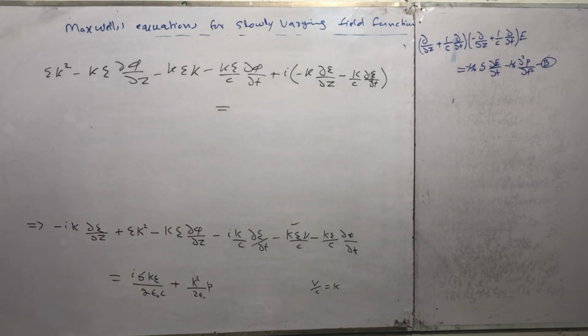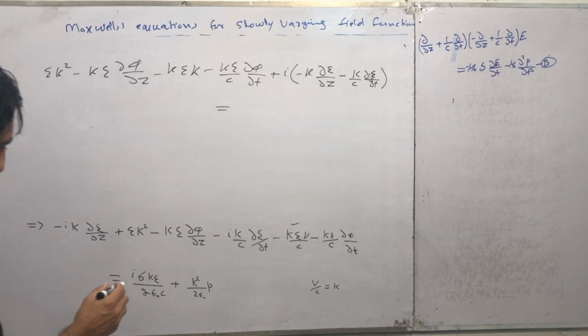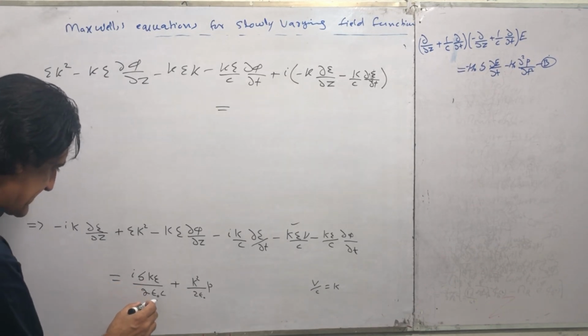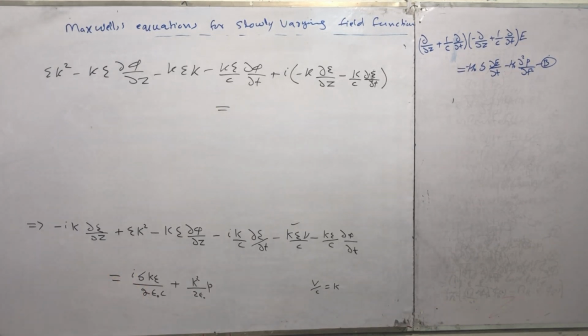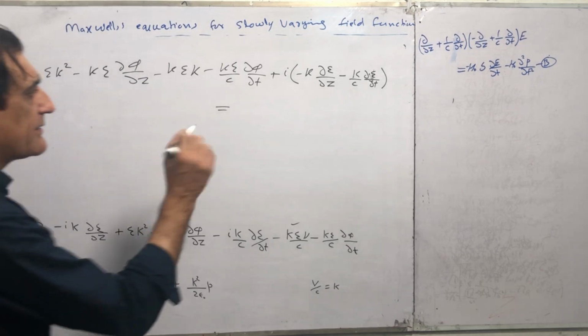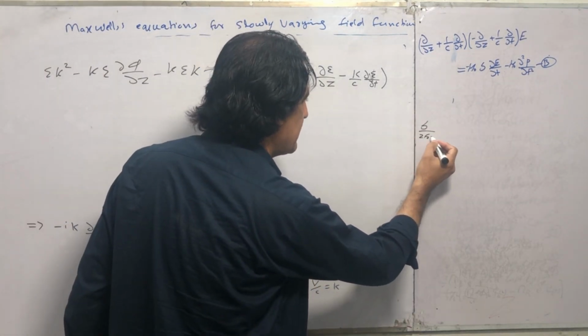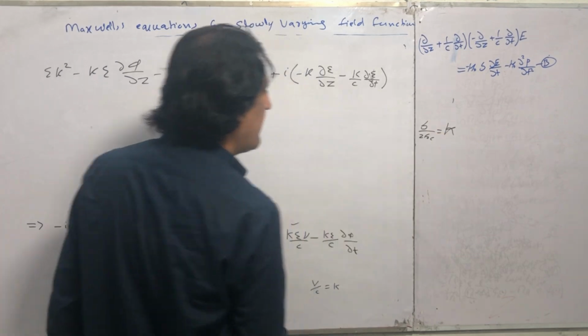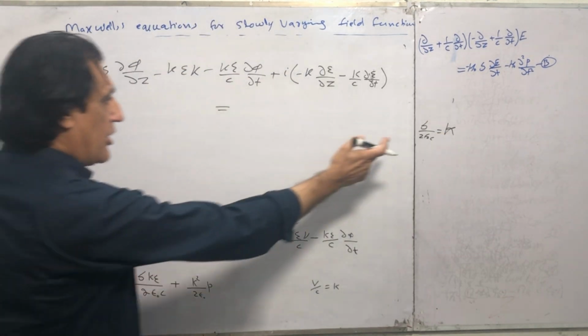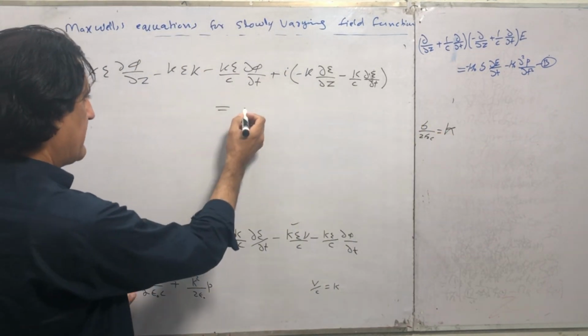Here sigma over 2 epsilon naught, this term sigma over 2 epsilon naught c. Let's suppose sigma over 2 epsilon naught c is equal to kappa. This is a loss term, kappa.